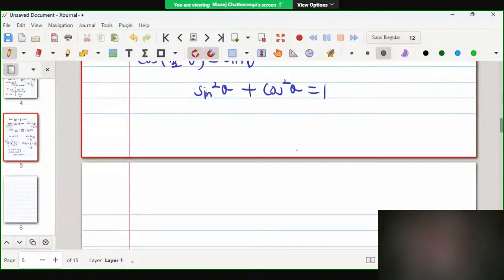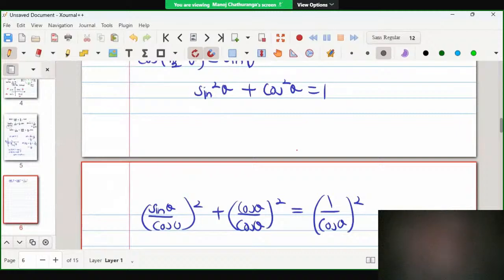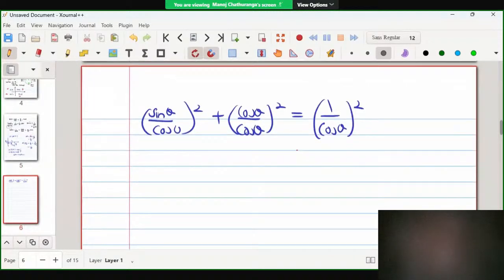You can take this last relation and convert it to relations between other trig functions. For example, if you take this identity and divide the whole thing by cosine square theta, we get sine theta divided by cosine theta squared plus cosine theta divided by cosine theta squared, which is 1 divided by cosine square theta. Now this is simply tan square theta plus 1 equals secant square theta.